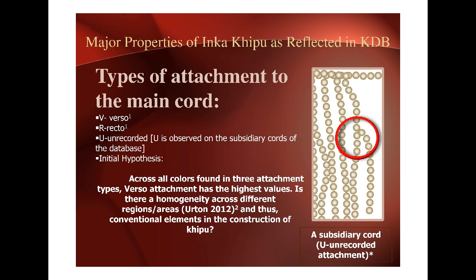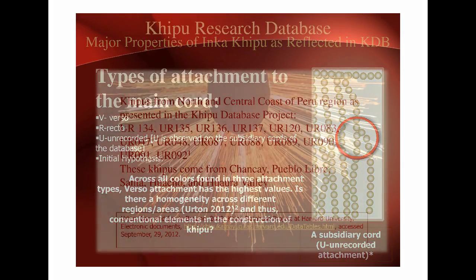U means unknown because sometimes it's hard to read what they mean, and it's a big debate right now in Khipu studies what the unknowns are and how to count them. So we'll just exclude them and not pay too much attention to those, but for the purposes of statistics, I will still include them in the sample.